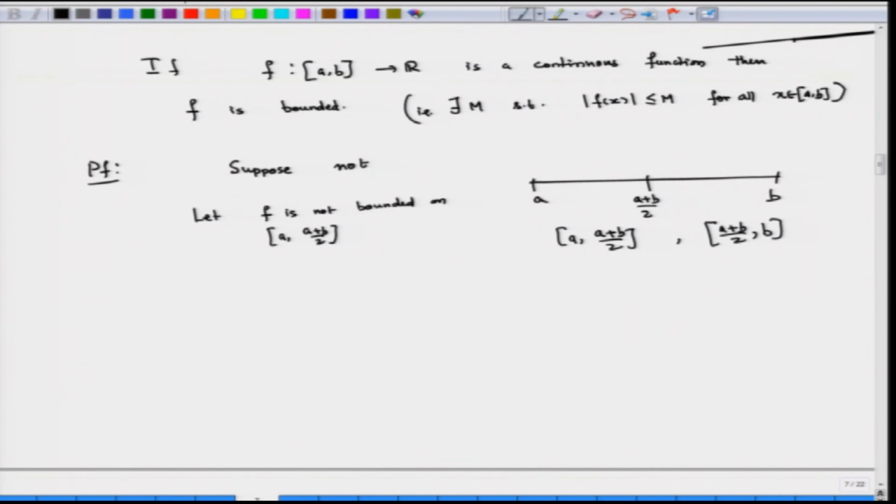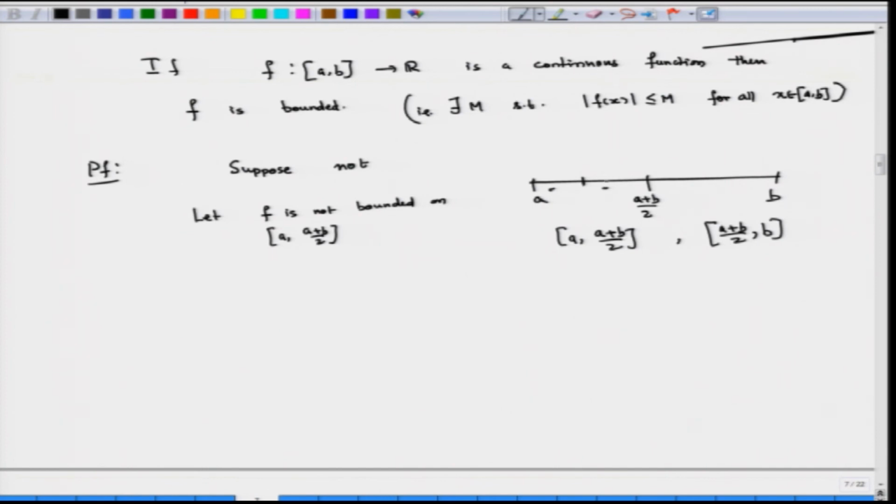Now again I divide [a, (a+b)/2], where f is not bounded, into two parts. Then either f is not bounded here or f is not bounded here. It cannot happen that f is bounded on both the intervals, because then f will automatically be bounded on the whole interval.